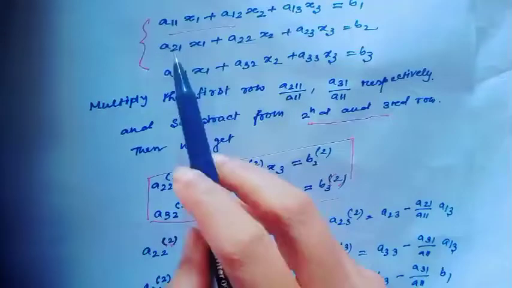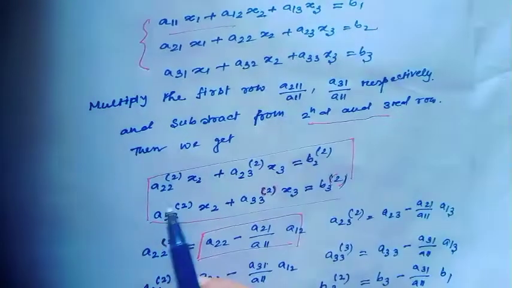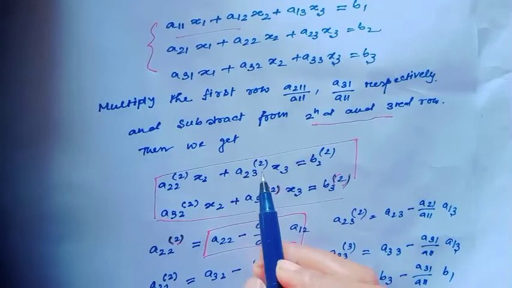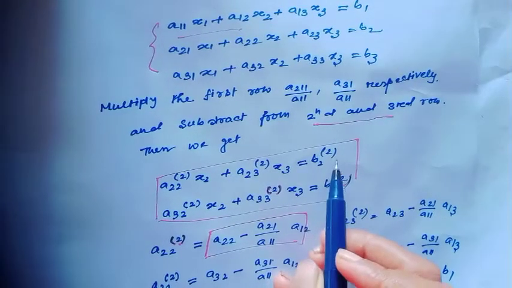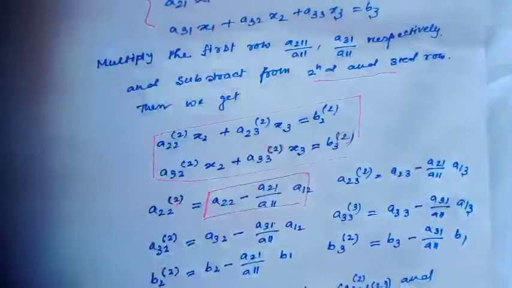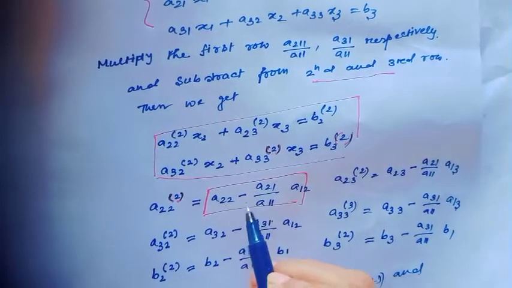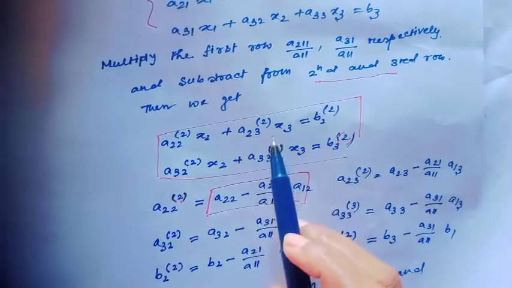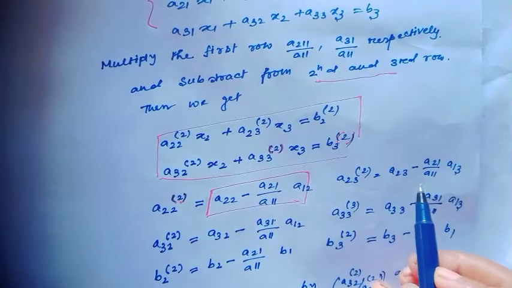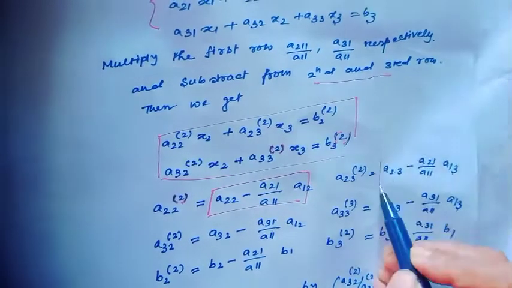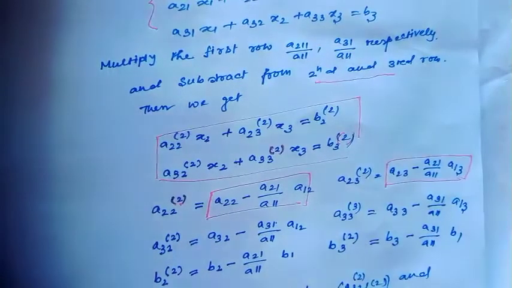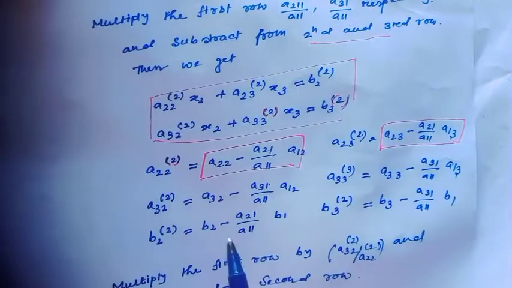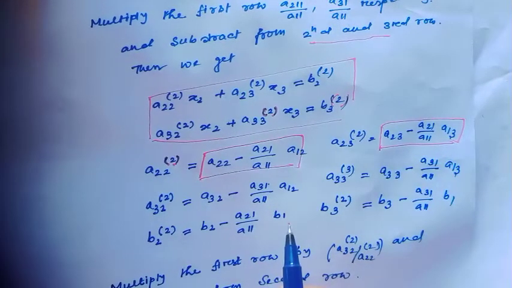Then the second equation would be of this type: a22 with suffix 2 x2 plus a23 with suffix 2 x3 equal to b2 with suffix 2, where obviously a22 suffix 2 means a22 minus a21 over a11 times a12, a23 suffix 2 means a23 minus a21 over a11 times a13, and b2 suffix 2 means b2 minus a21 over a11 times b1.